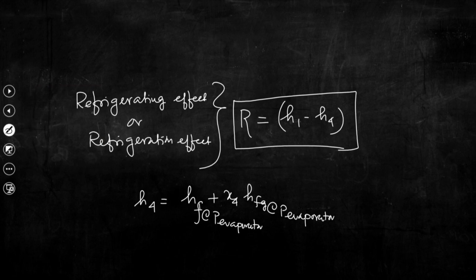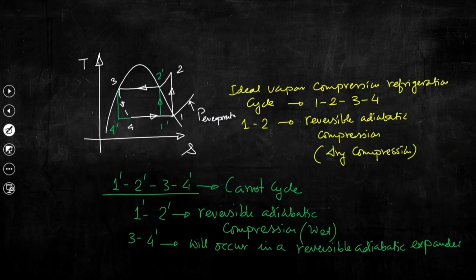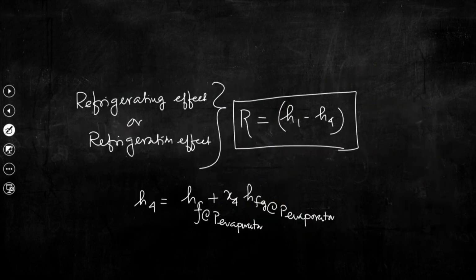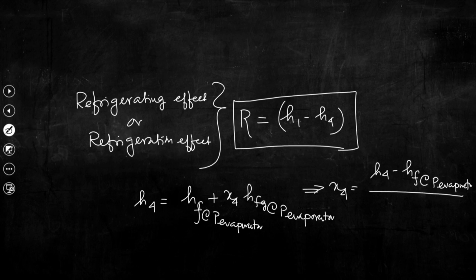So, essentially this is H4, that is HF plus X4 HFG. Now, therefore, we can write X4 equal to H4 minus HF at P evaporator divided by HFG at P evaporator.